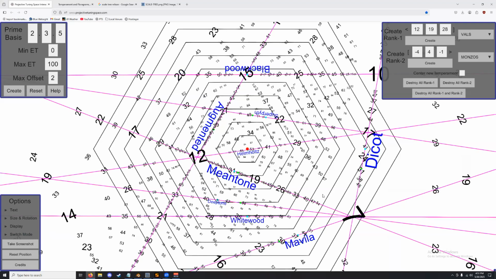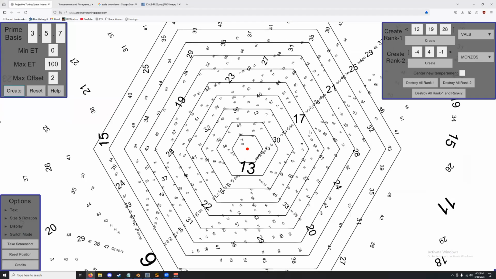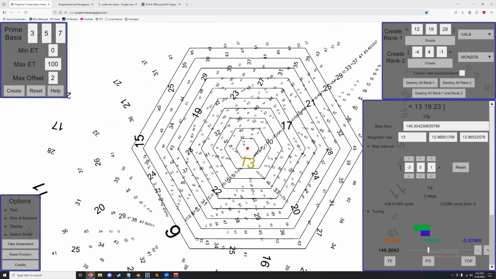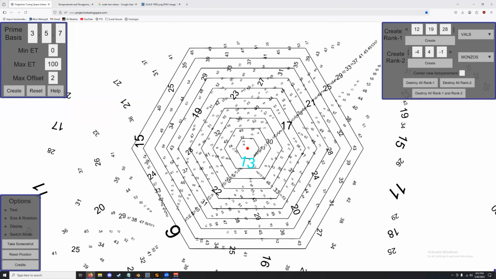Now, Chris, I'm wondering if we can look at a projective tuning space that doesn't use primes 2, 3, or 5. Do you have any recommendations for which one we should look at next? All right. So here's 357. 13 is super close to the middle and it's pretty prominent.